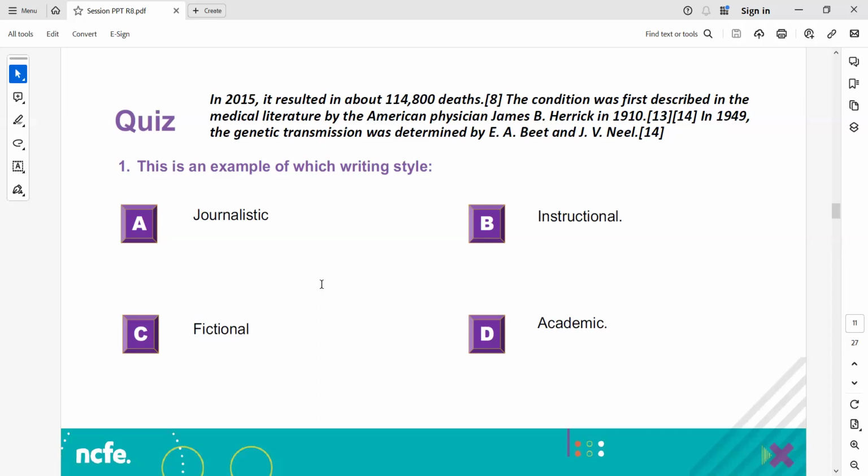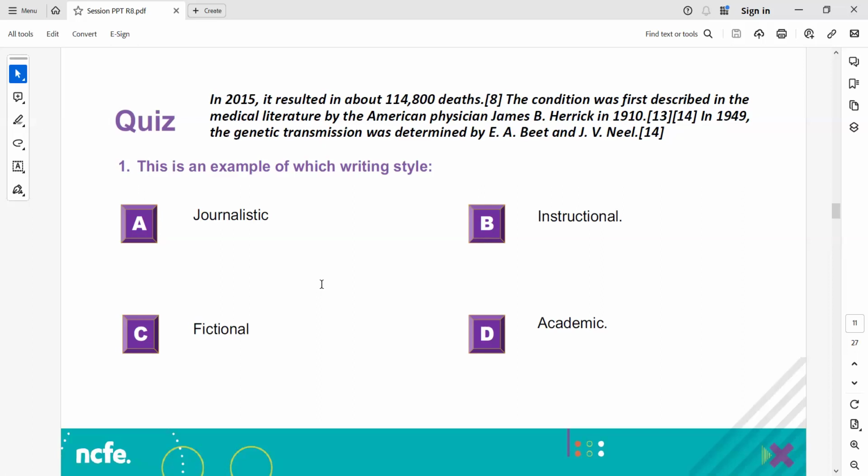We've got those two numbers, 13, 14. In 1949, the genetic transmission was determined by E.A. Beat and J.V. Neal. 14. So, is this an example of journalistic, instructional, fictional, or academic?